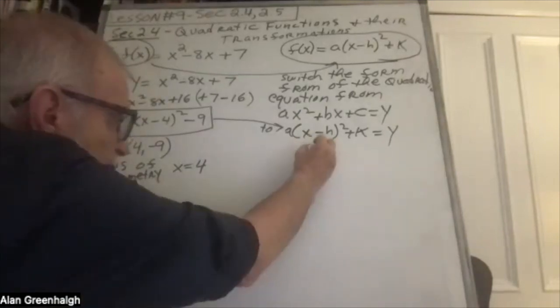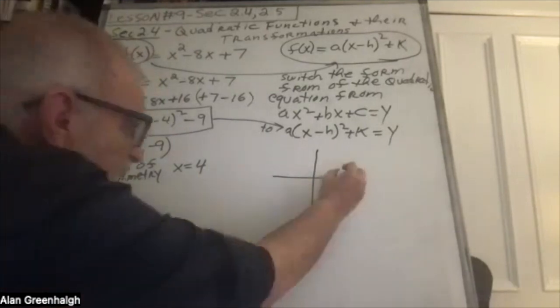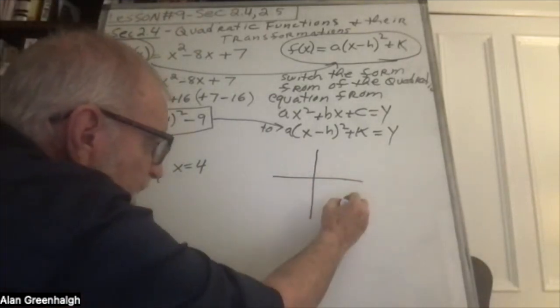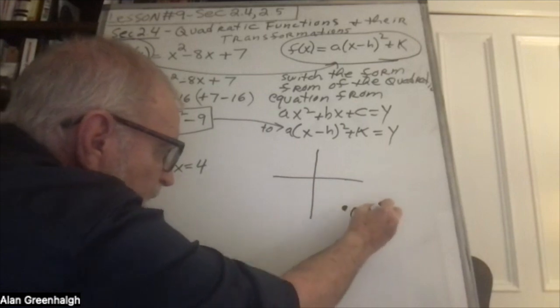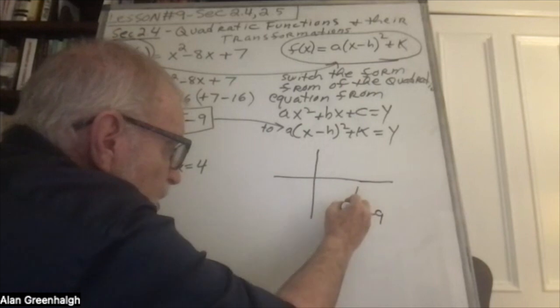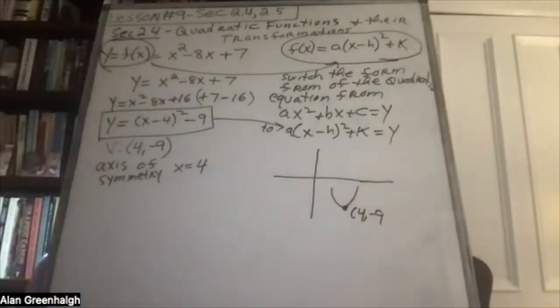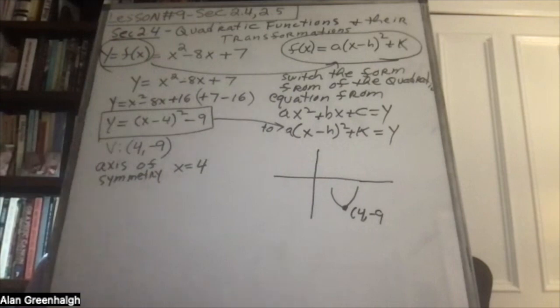Okay, so we could kind of begin, right? So the axis of symmetry is 4, negative 9. It goes down here, 4, negative 9. It will come up. We don't know where it's going to intersect the x-axis. I'm not even going to guess. I'm not going to say it's over here and over there, because who knows where it goes.